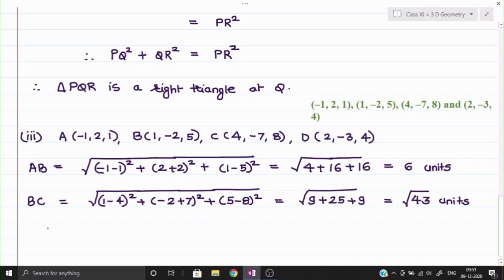Okay. Similarly, now I will find out third value, CD. Now CD should also come here 6. Okay. So CD: (4 - 2) whole power 2, second one (-7 + 3) whole power 2, and (8 - 4) whole power 2.